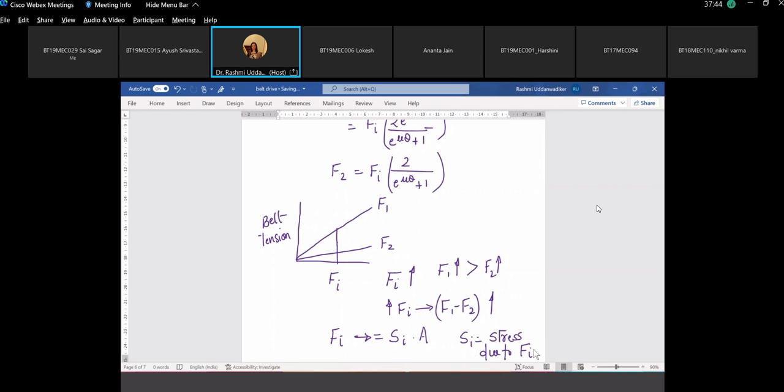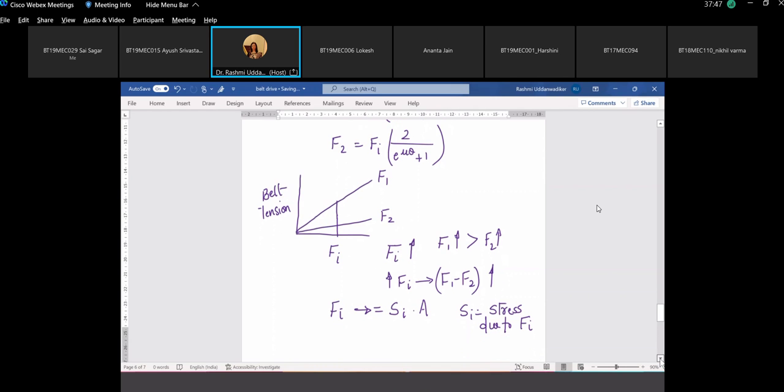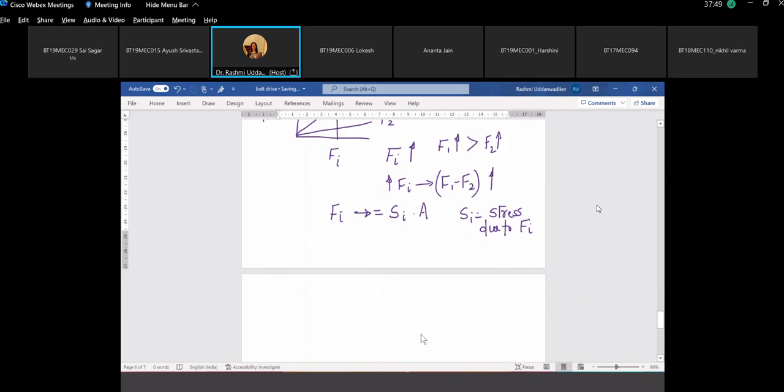So we'll quickly go back to that numerical which we were solving in the last class. So in the numerical of design a belt drive for the rated power of, what was the value? 10 kilowatt motor rotating at 1440 rpm, and the other pulley attached to the line shaft is rotating at 400 rpm.